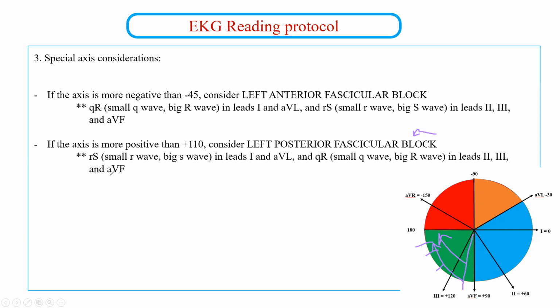We find the opposite of this: small r, deep S in the lateral leads, 1 and aVL, and you find the Q wave and tall R in the inferior leads, 2, 3, and aVF. Okay, so this is how to confirm left anterior fascicular block and left posterior fascicular block.